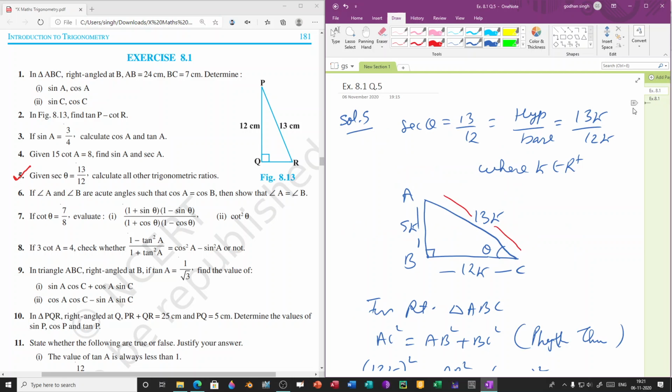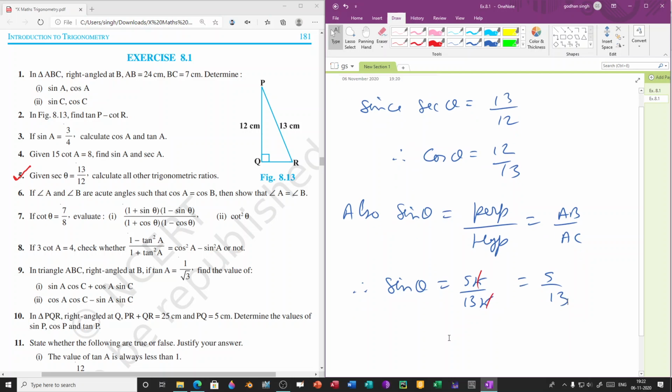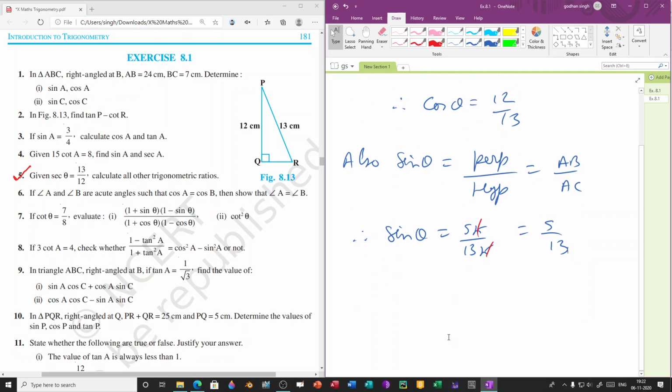Let's go back to the figure. AB is 5K, and what is AC? That is 13K. So 5K over 13K, and K being a positive real number, it can cancel out. So the final answer we are getting is 5 by 13. And we know that cosec is nothing but the reciprocal of sine. Therefore we can say that cosec theta is equal to 13 by 5.